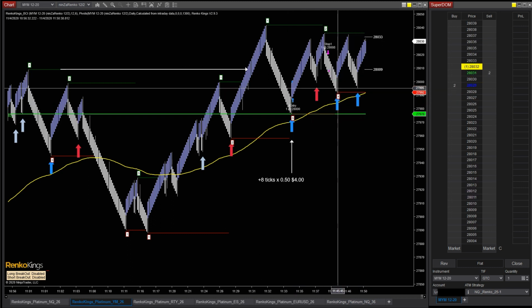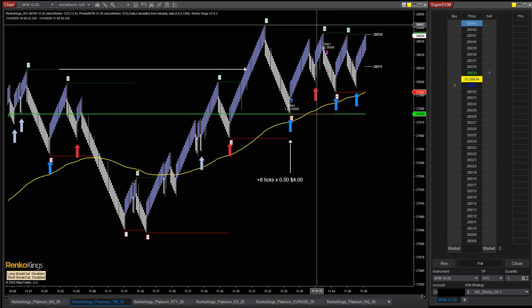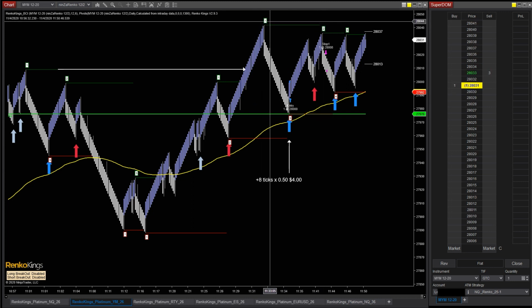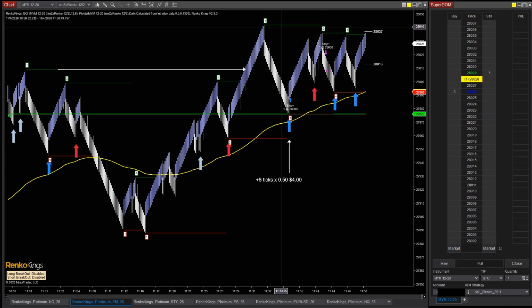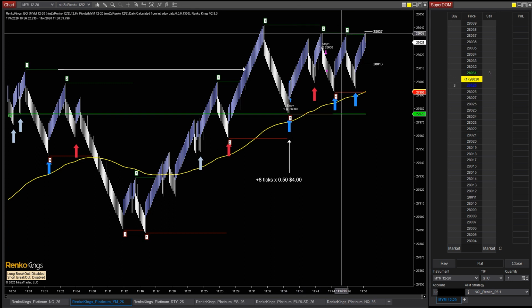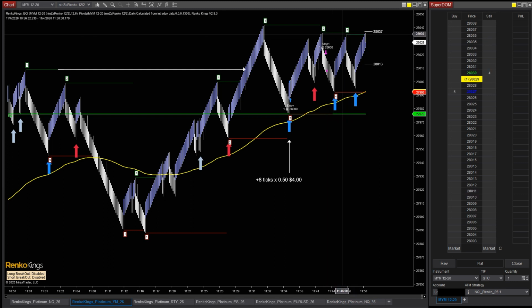But I don't want to just jump in and take these because I'm not seeing this high up here being broken. So I'm waiting for this high right up here to be broken and then look for a retracement before I would want to get in, because all of this is just too messy for me. It's not an ideal setup.